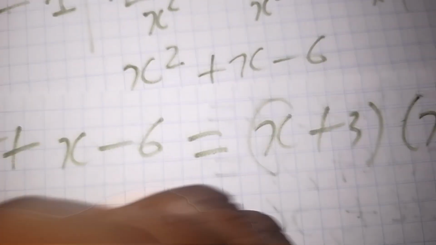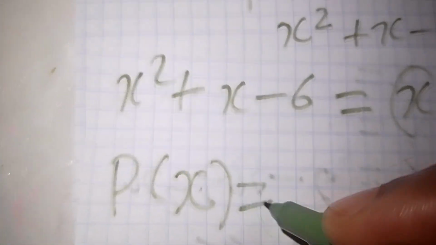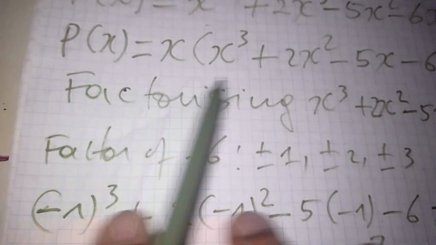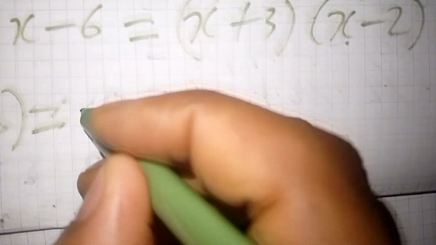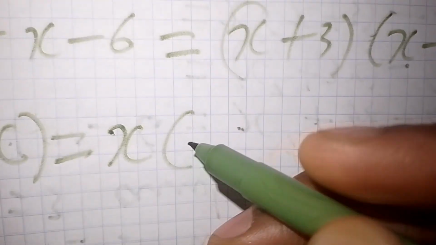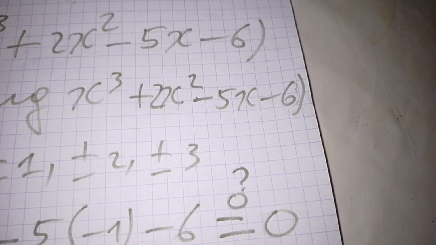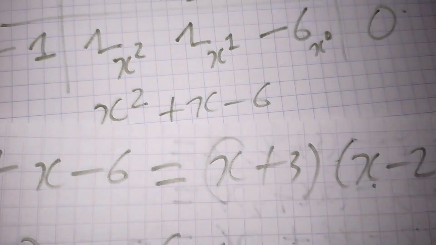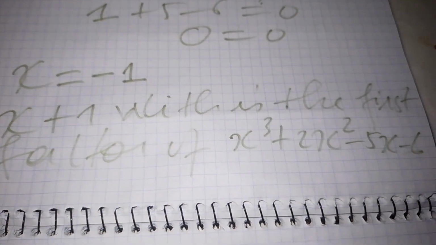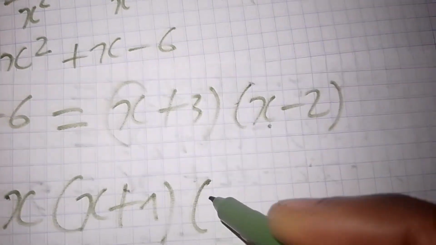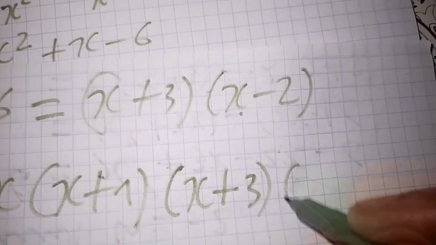So now p of x is equal to x times x plus 1, which is the first factor from before, and x plus 3 times x minus 2.